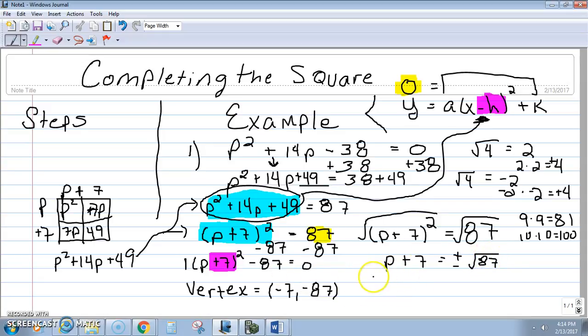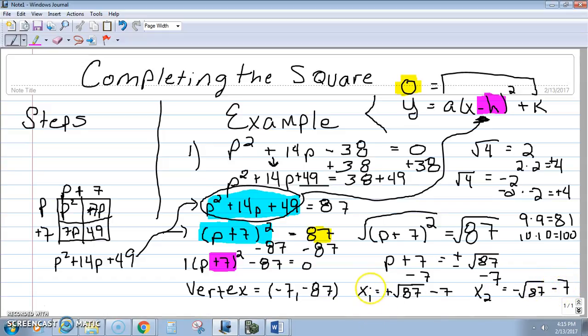The last step is to subtract 7 from each side. So here are our two answers. x sub 1 is equal to positive the square root of 87 minus 7, and x sub 2 is negative square root of 87 minus 7.